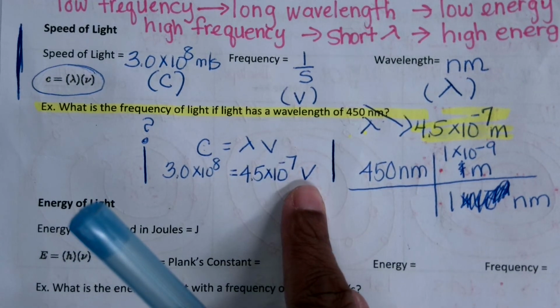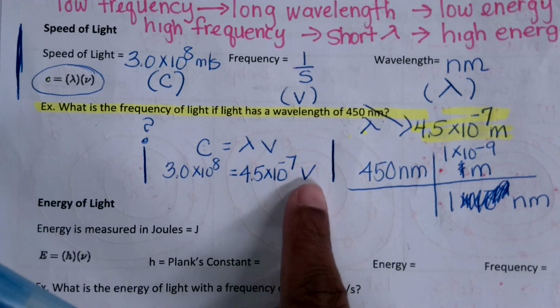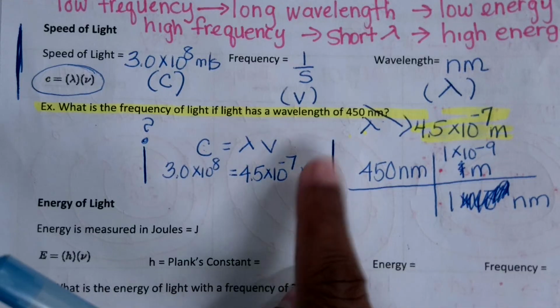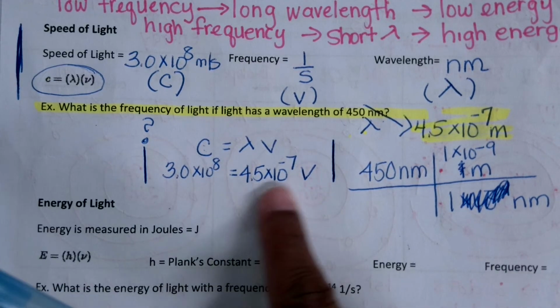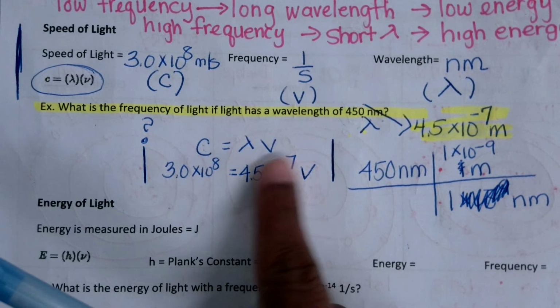To get V by itself, we have to solve for V. What do I have to do to get V by itself? Divide both sides by what? Where would this 4.5 times 10 to the negative 7 actually end up?